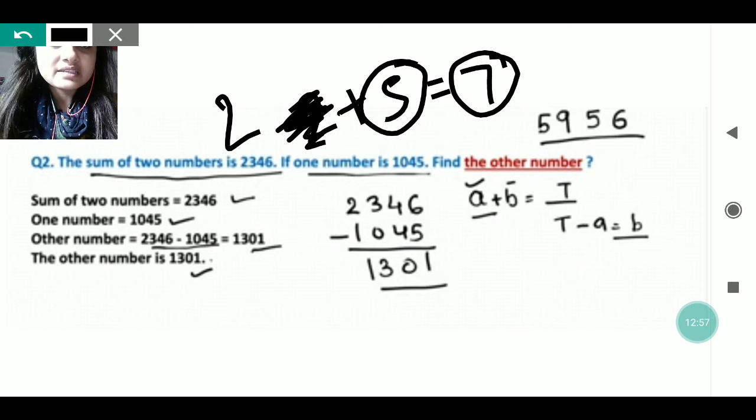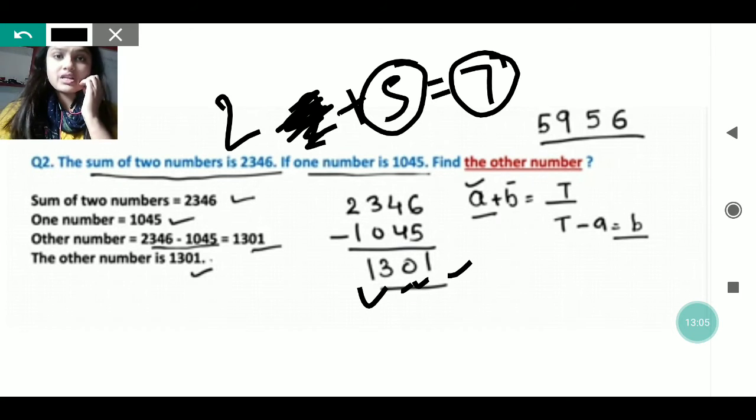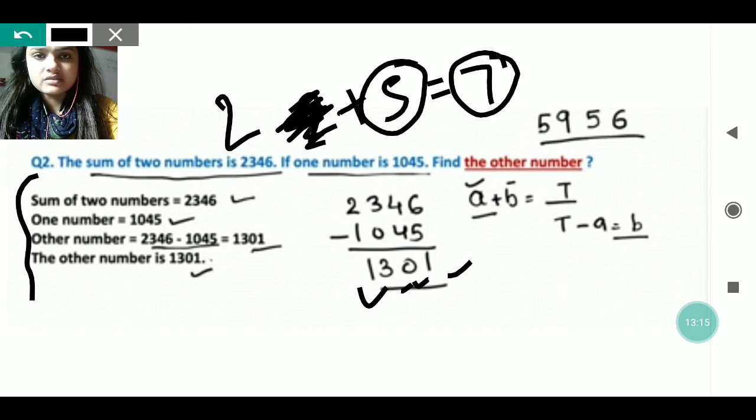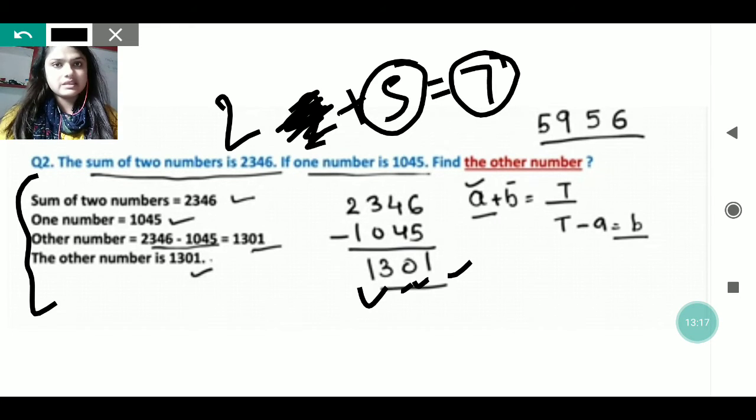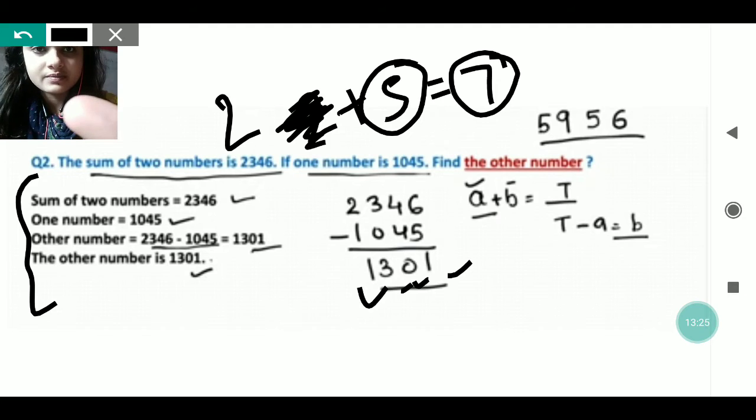When you subtract 6 minus 5, you will get 1. 4 minus 4 is 0. 3 minus 0 is 3, and 2 minus 1 is 1. So we will get the other number as 1301. So the statement will be written like this. Please look at the statement very nicely, because in this kind of simple questions you may not know how to write the statement. So you can see how it is being done.